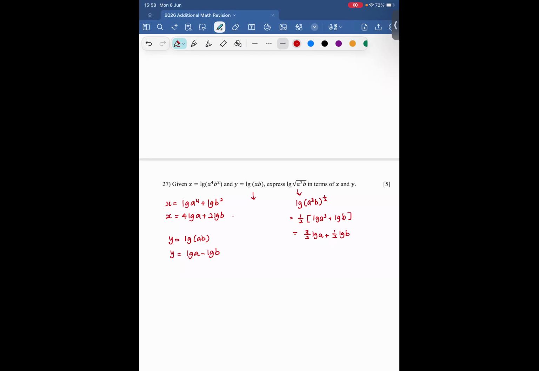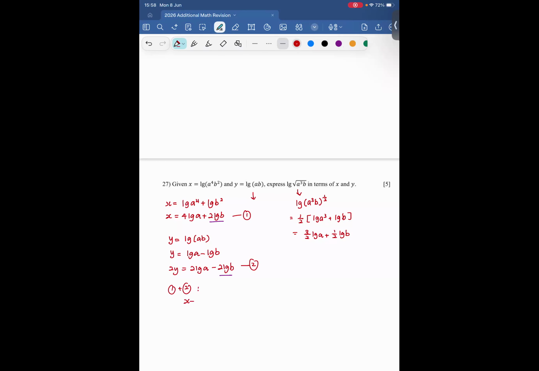So simultaneous equation. This is equation 1. This one I times 2 first. Why do I times 2? Because I want to make the 2 log b appear. Since they got 2 log b, I take 1 plus 2.